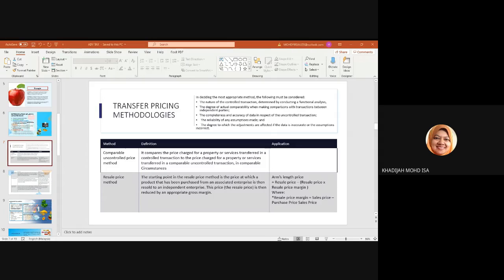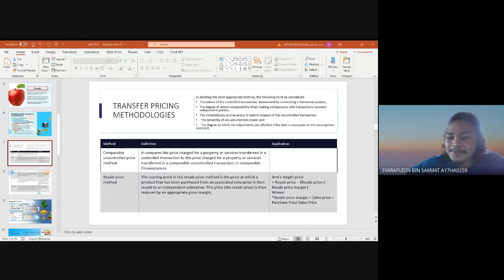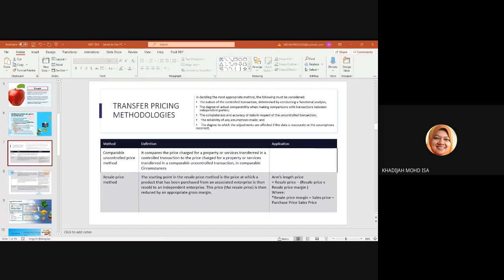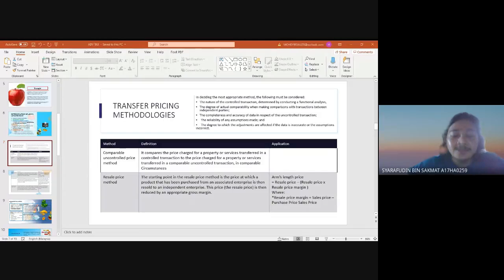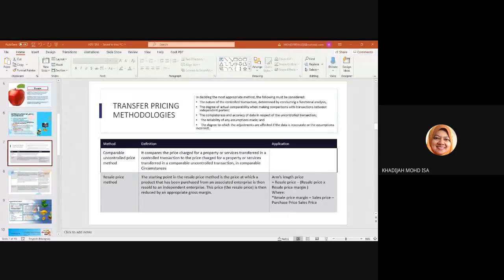Right, good question. Yes, doctor. Okay. So it means that whether controlled or not, you have the definition of a controlled transaction, as mentioned earlier. So then you see whether you fall into controlled or uncontrolled transactions.